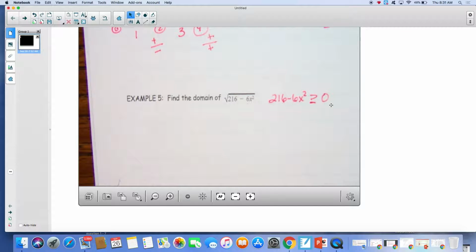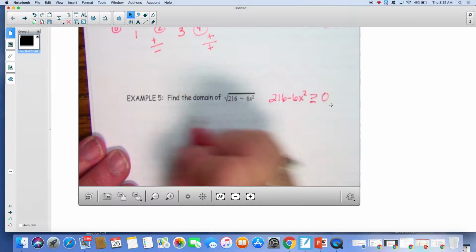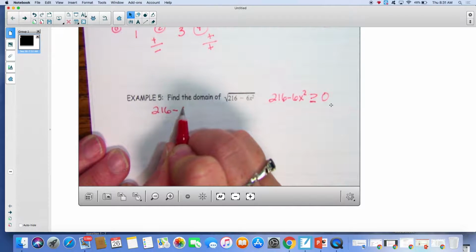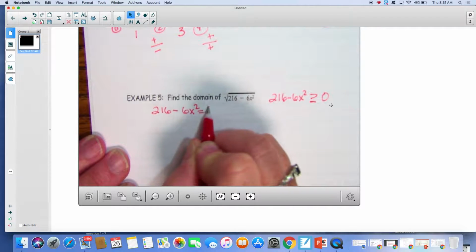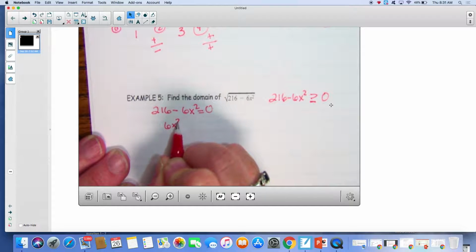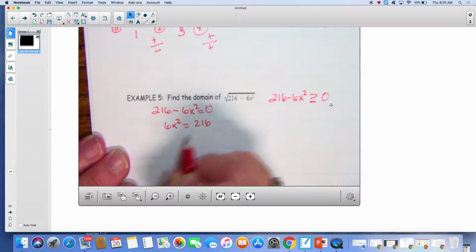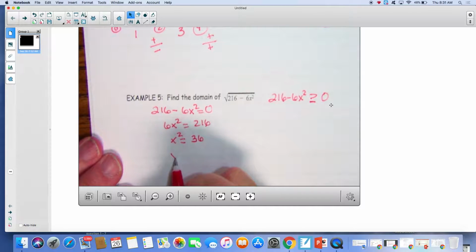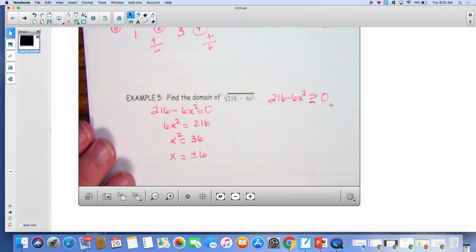So now what are we going to do? Well, now it's just like the previous problems. We need to find the zeros. So what's x equal? 216 divided by 6 is 36.